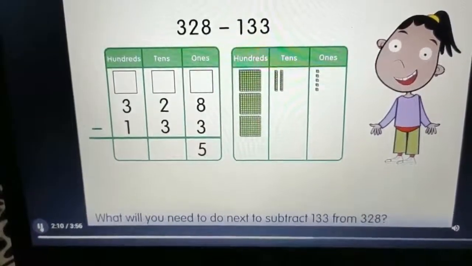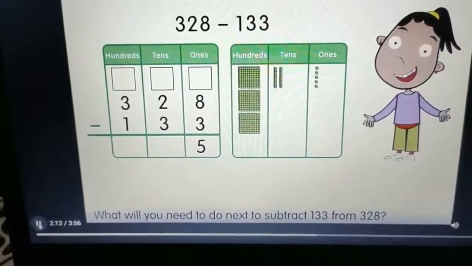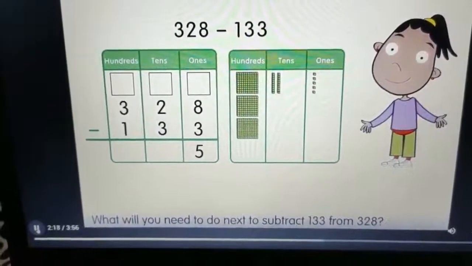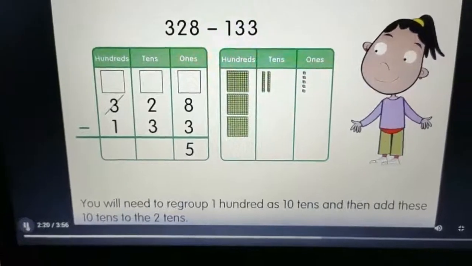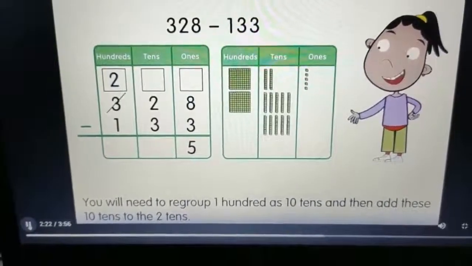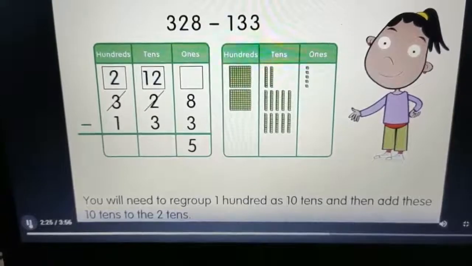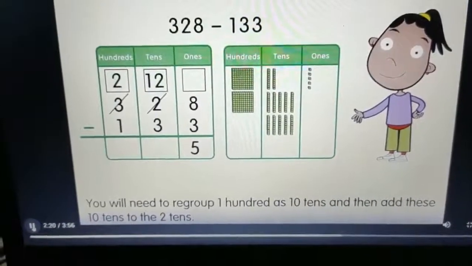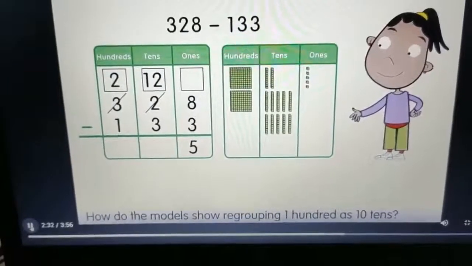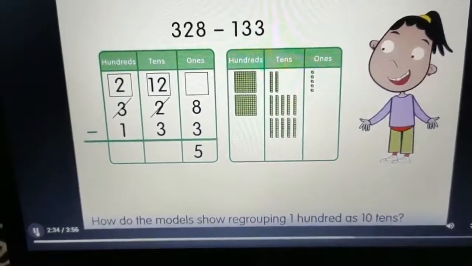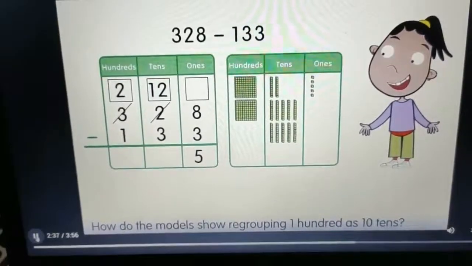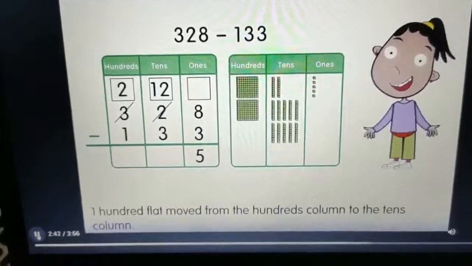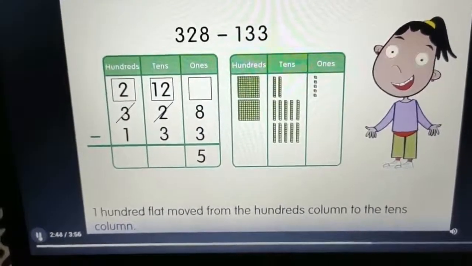What will you need to do next to subtract 133 from 328? You will need to regroup 100 as 10 tens, and then add these 10 tens to the 2 tens. How do the models show regrouping 100 as 10 tens? 1 hundred flat moved from the hundreds column to the tens column.